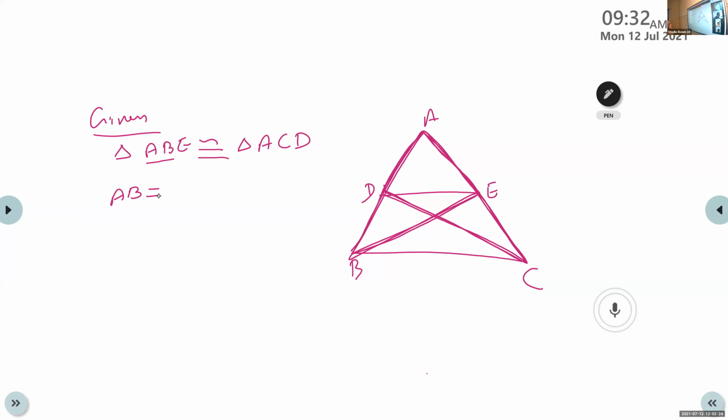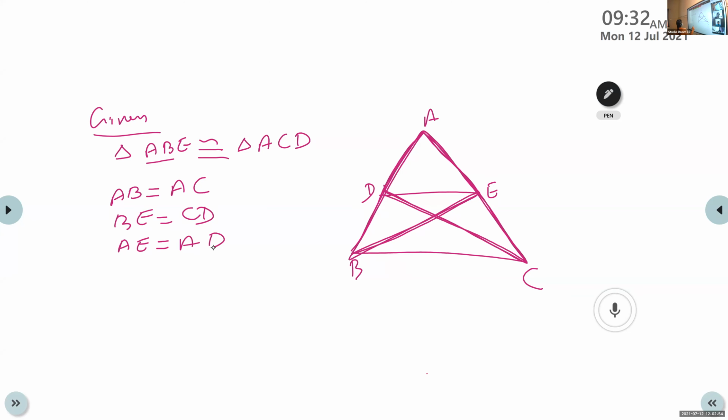What is the side corresponding to AB in ACD? AC. So we can write AB equal to AC, BE equal to CD, and AE equal to AD. This much we can write since they are congruent. So all corresponding sides are equal.